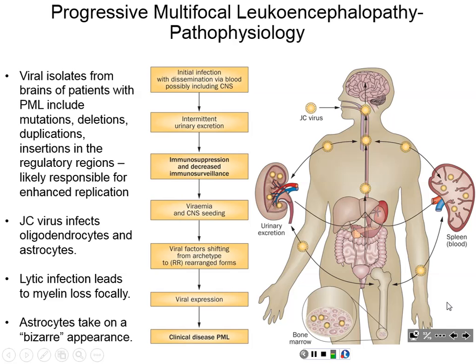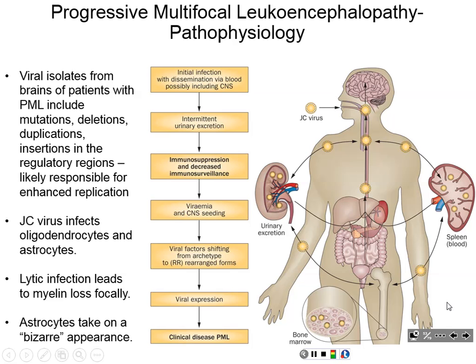Once in the CNS, JC virus replicates very quickly. And this quick replication leads to mutations, deletions, duplications in its DNA. And these changes are going to result in even more enhanced replication. So this is going to get somewhat out of control pretty quickly.